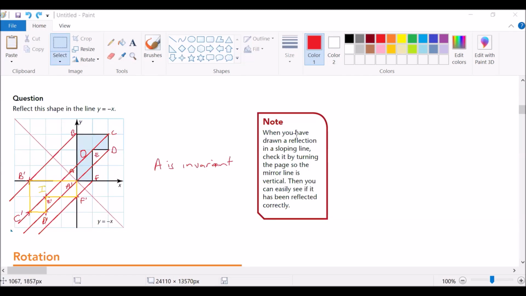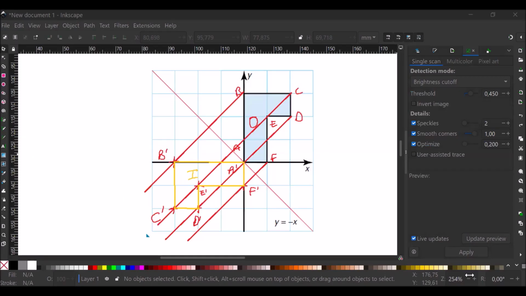When you have drawn a reflection in a sloping line, check it by turning the page so that the mirror line is vertical. Then you can easily see if it has been reflected correctly. Okay, let's do that. So we're going to rotate this to make our mirror line vertical.